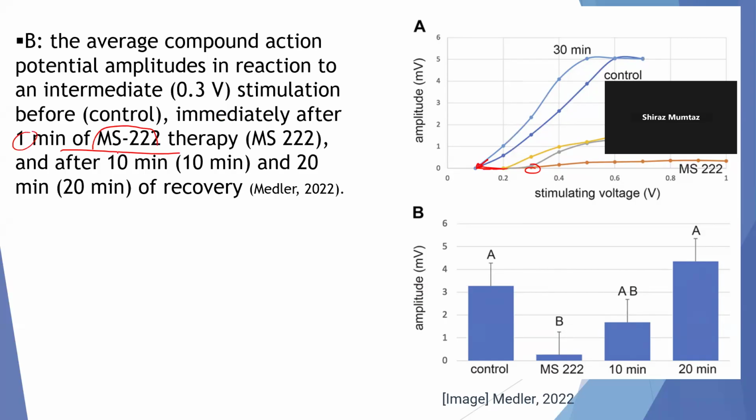Then after 10 minutes, you can see how they are recovering. In this picture the amplitude is less, but after 20 minutes the action potential has gone back to its normal amplitude.